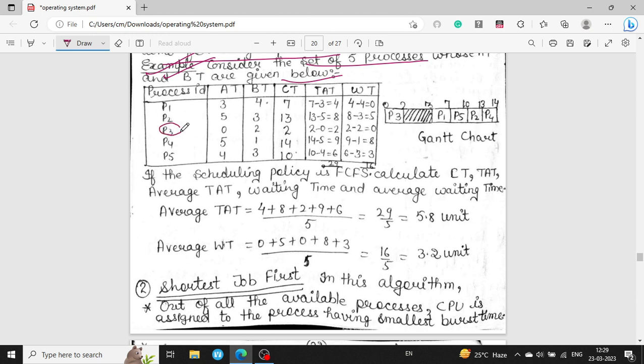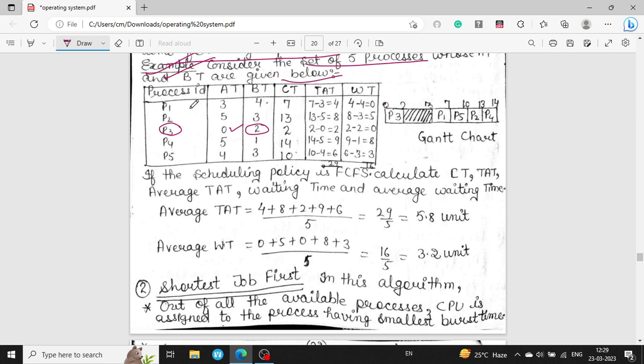This is process P3. It arrived at 0 milliseconds, so first we write P3 in this cell. It used the CPU for 2 milliseconds, so we write 2 here.